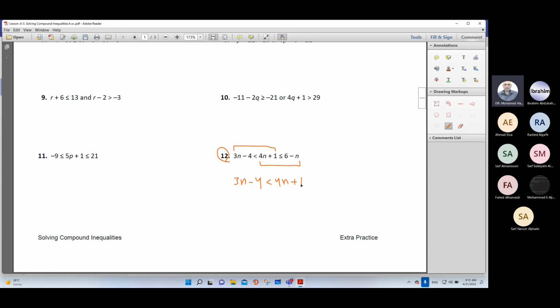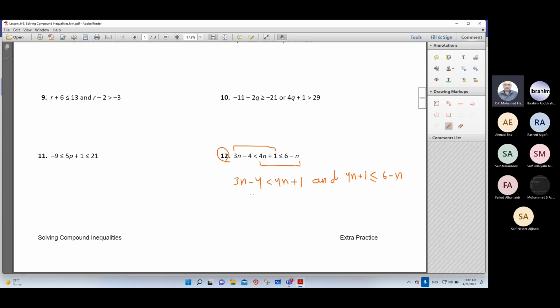This is the first inequality, then we can write the second inequality: 4n plus 1 less than or equal to 6 minus n.